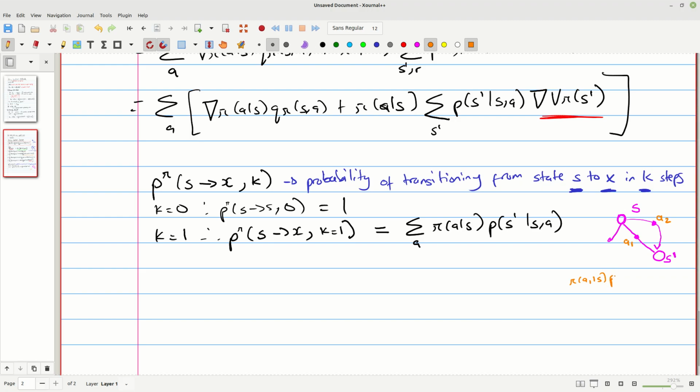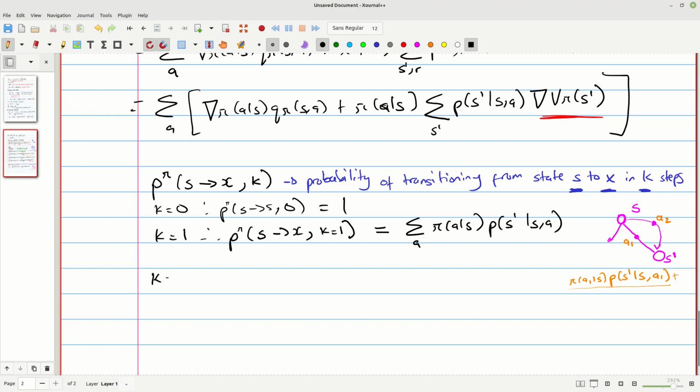This is represented by S prime given S and action 1. Then the same thing goes for action 2, so we add the same probability for action 2, which is what the summation term is. We're just adding up the probabilities. I hope that's clear to you, and this should be familiar if you've been following the lectures.